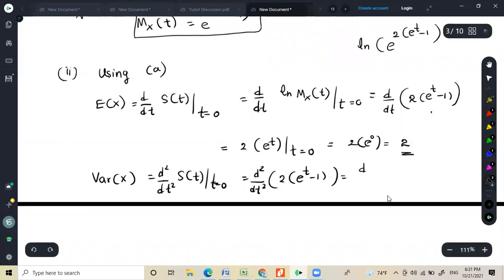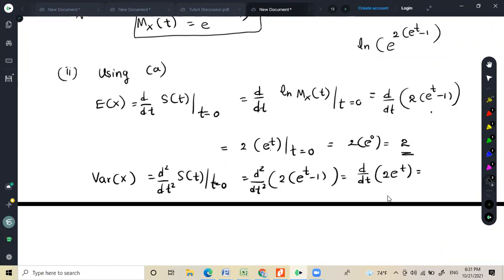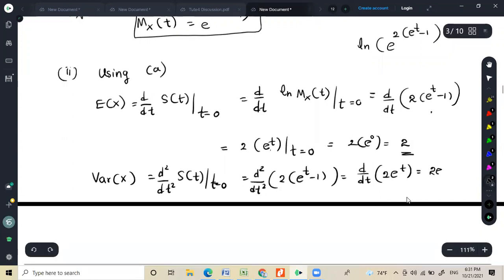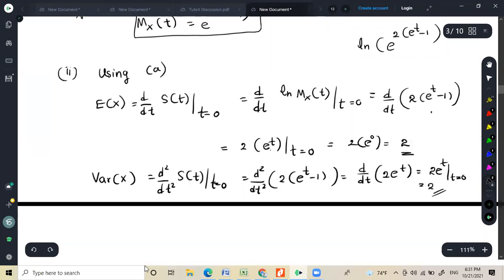So that will be d over dt. You already have the first derivative of this quantity, which is 2 times e^t. So you take the derivative again of that, and you end up with simply 2e^t again, with respect to t, set to 0. This is 2, right? Again, it is 2.